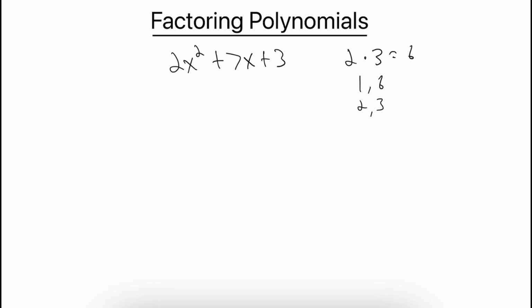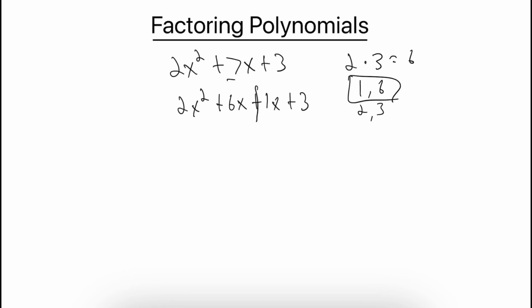So now of those, what add together to equal 7? It'd be 1 and 6. So 2x squared plus 6x plus 1x plus 3. Now we're going to group along this line here. So we've got 2x squared plus 6x plus 1x plus 3.